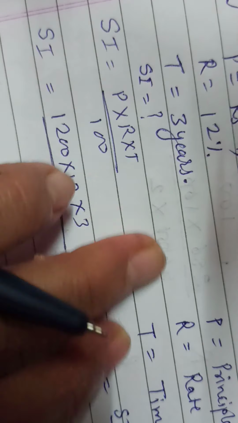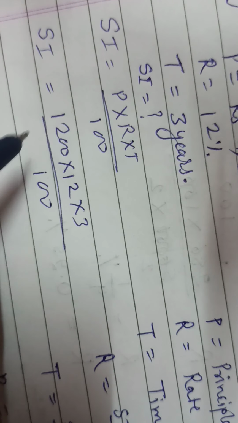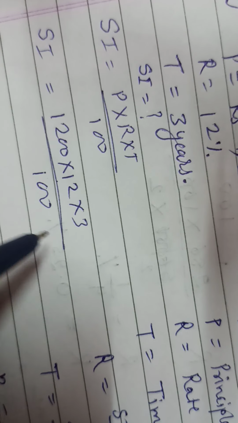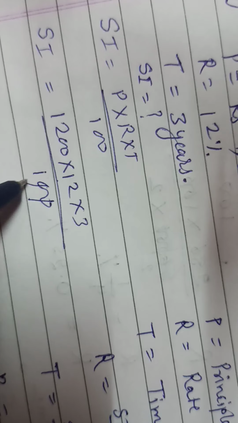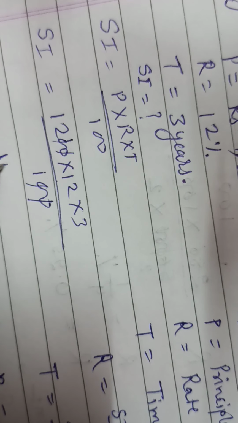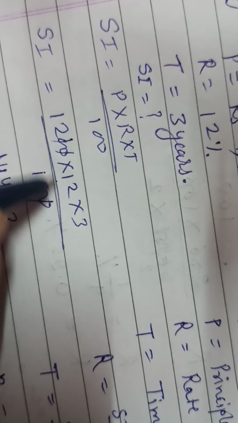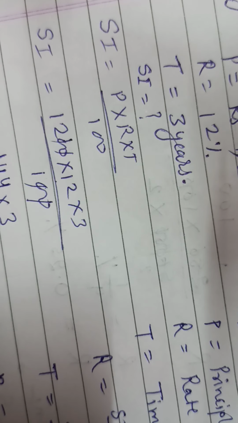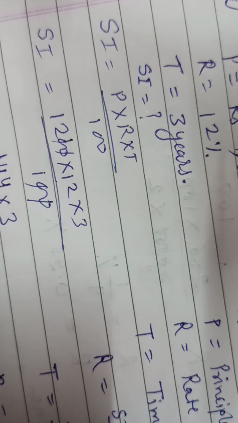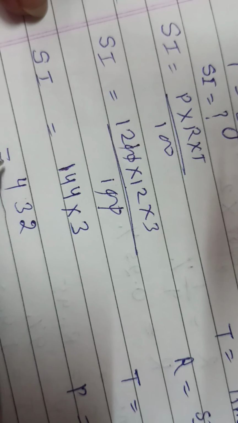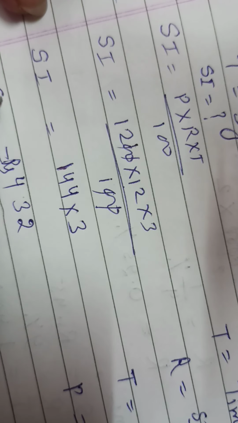So SI is equal to P into R into T by 100. Here we put 1200 into 12, and when we cancel it, we get 144 into 3. When we multiply this, we get 432 rupees SI.